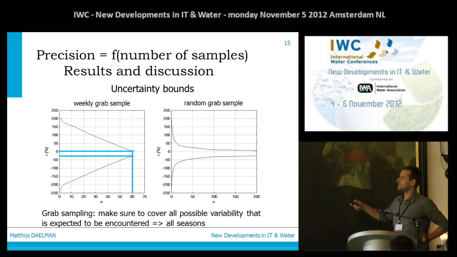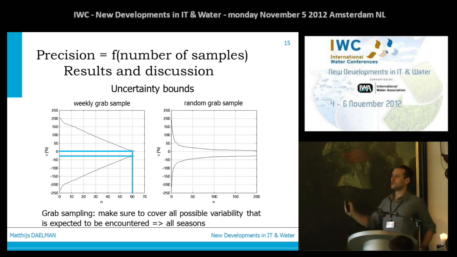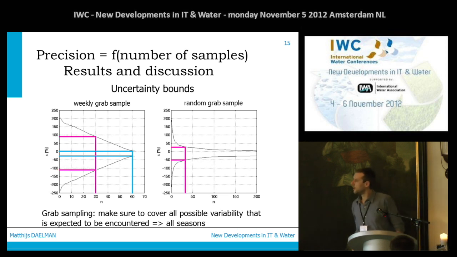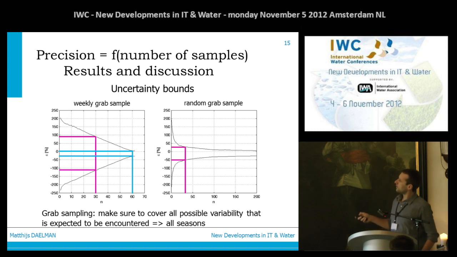The 95% of the relative errors will be within 25%. But you can never obtain this if you just go out to the wastewater treatment plant and take completely random samples. However, if your resources are limited and you can only take 30 samples, for instance, then you can see that in the random grab sampling campaign, we obtain an uncertainty of about 50% of a relative error.